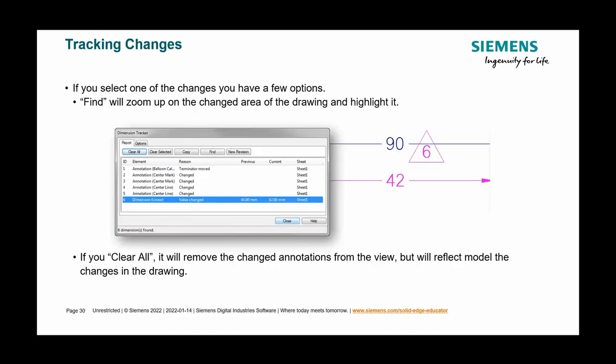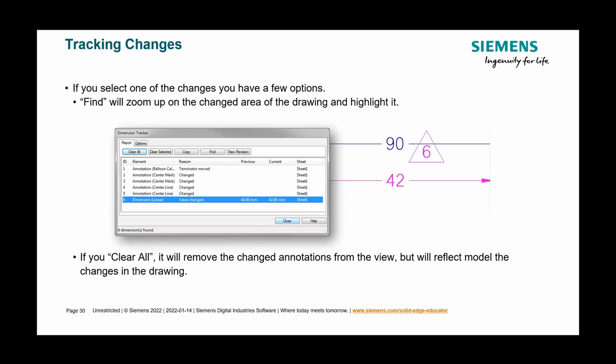And so another cool feature, which I really like, is when you update the views, and if you've changed some dimensions, you'll get a little pop-up dialog box. This is the dimension tracker. And it's simply letting you know that some of the dimensions have been changed. And it's good because, if you make a lot of changes, you can easily lose track of all the changes that you made.